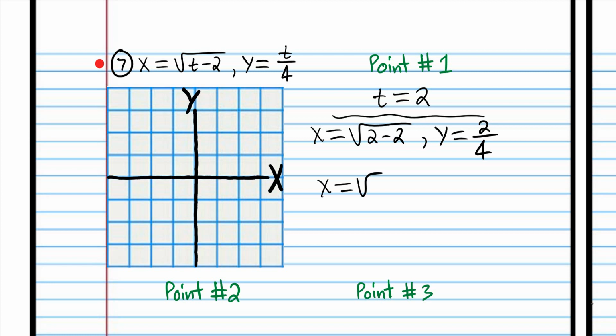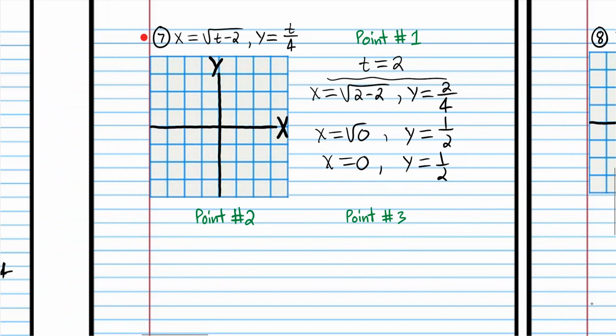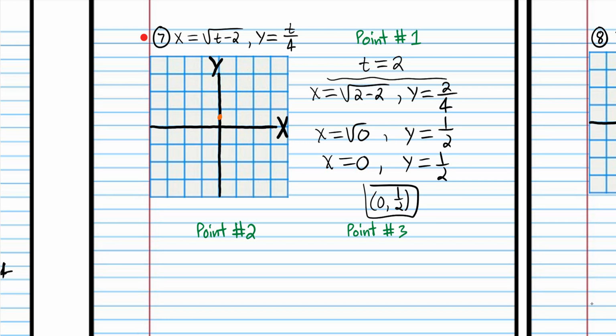So x is equal to the square root of 0, which is 0. And y is equal to 1/2. So that point is going to be 0, 1/2. We'll plot that.